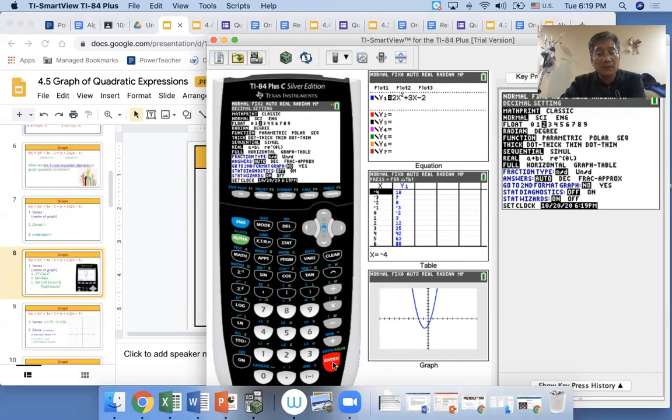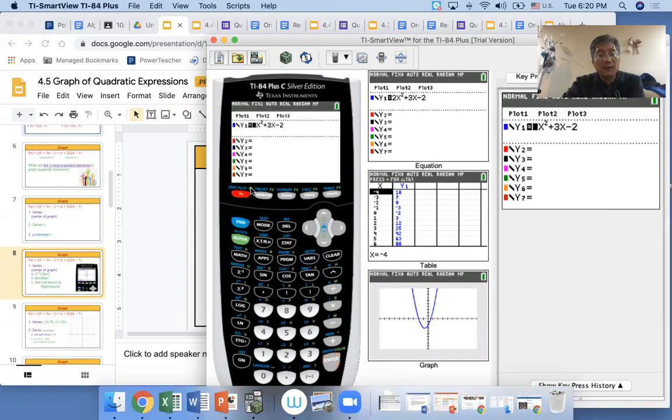This is the reason. If you set this and go to the graph and find it one more time. I wanted to show you how to set the decimal place. So go to the mode and do it right.